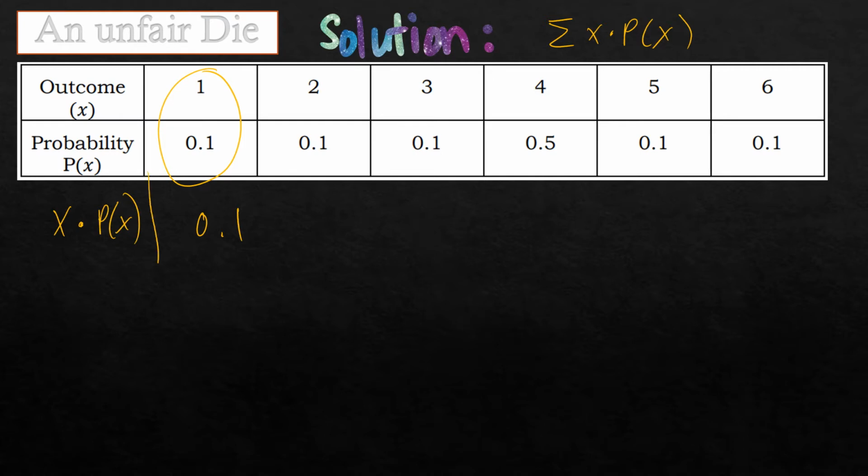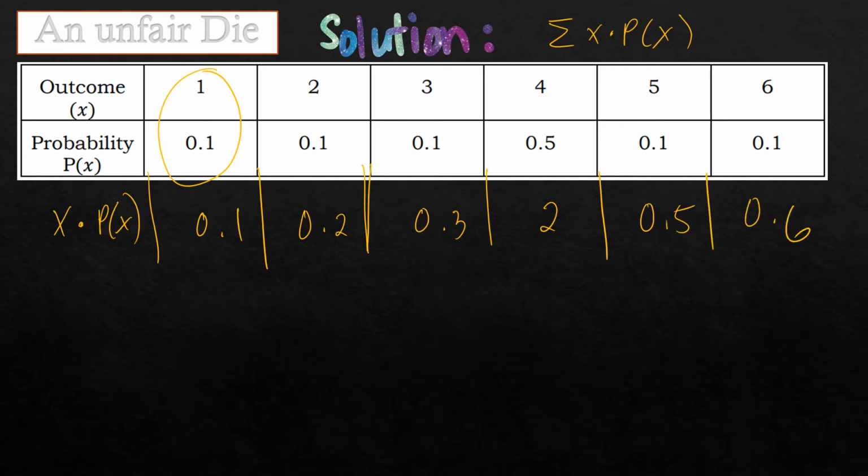Now, 2 times 0.1, that's 0.2. And we have here 3 times 0.1 is 0.3. 4 times 0.5, that is 2. 5 times 0.1 is 0.5. And 6 times 0.1 is 0.6.